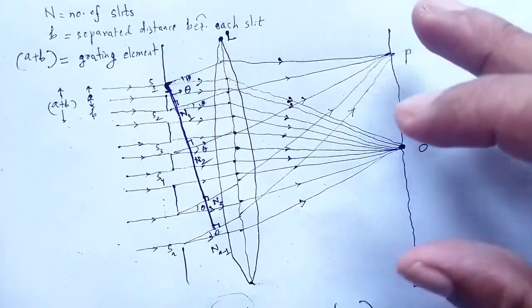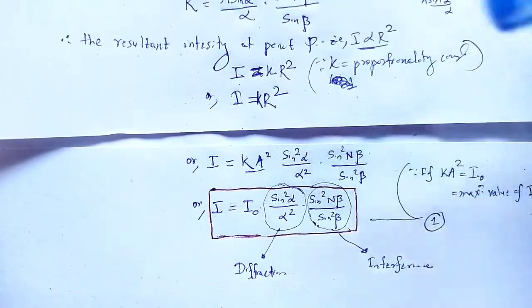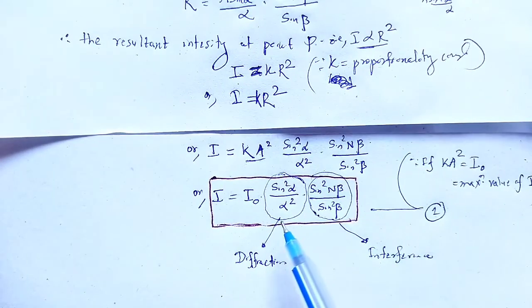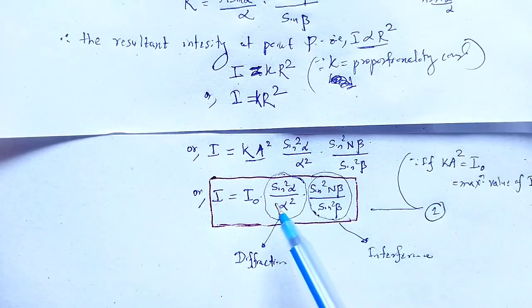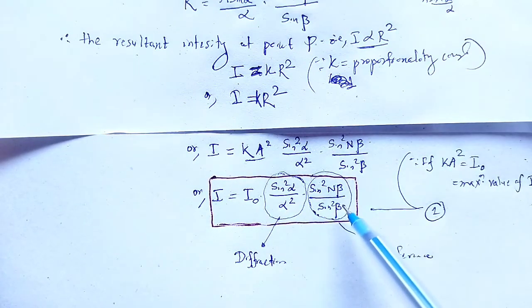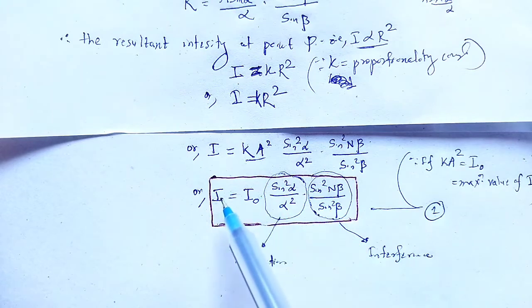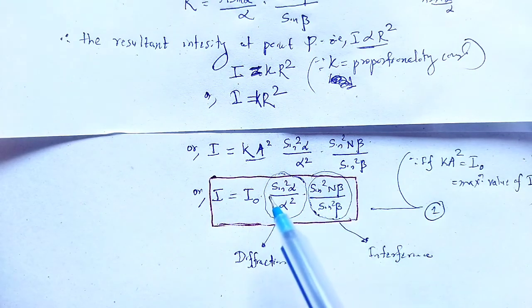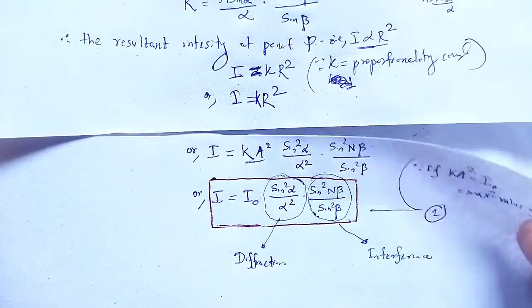Due to n number of parallel slits, we obtain the pattern on screen due to both diffraction as well as interference. It clarifies that sin square alpha by alpha square expresses the diffraction pattern due to single slit, and the second factor expresses the interference pattern due to n number of slits. We can easily find the expression for intensity in case of single slit and double slit from that particular expression. Look how we calculated that one.